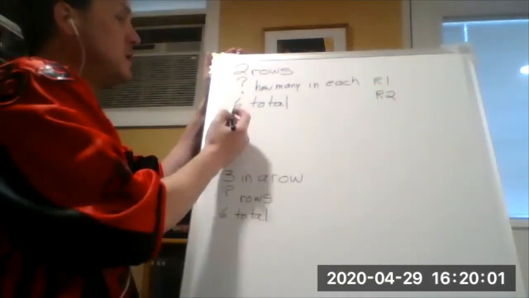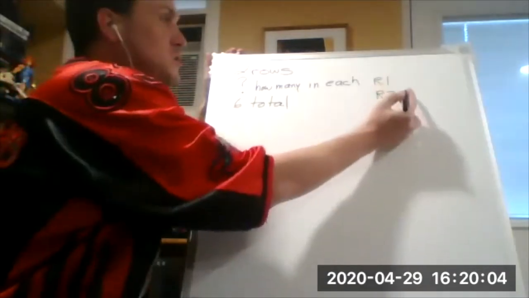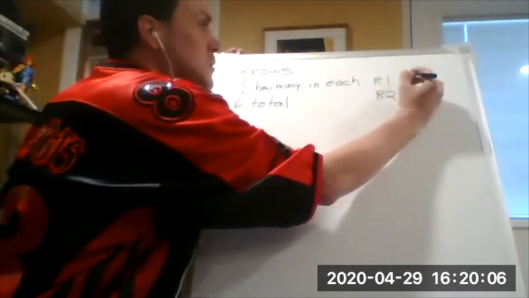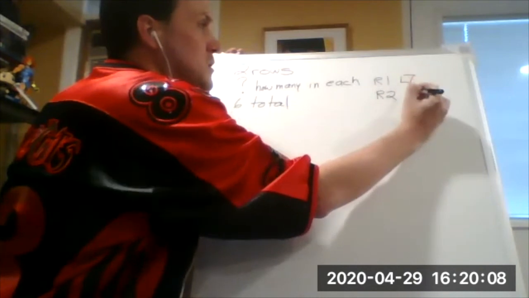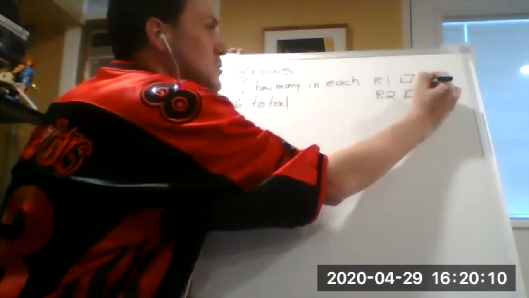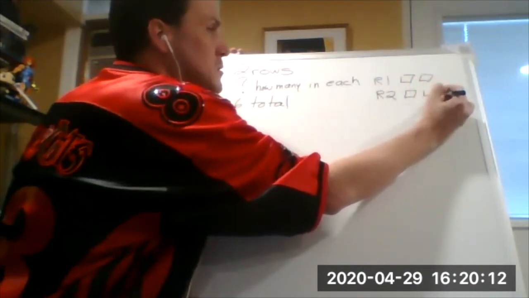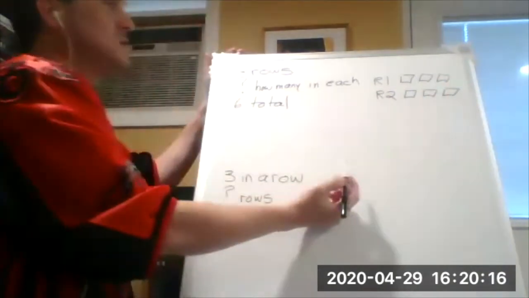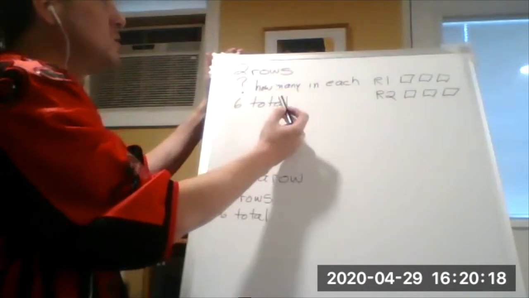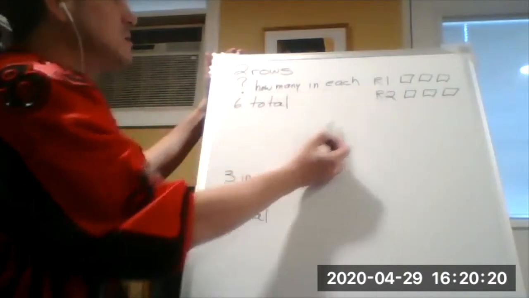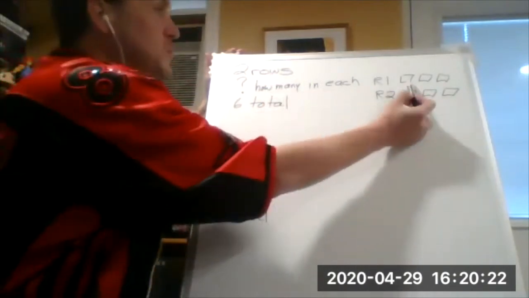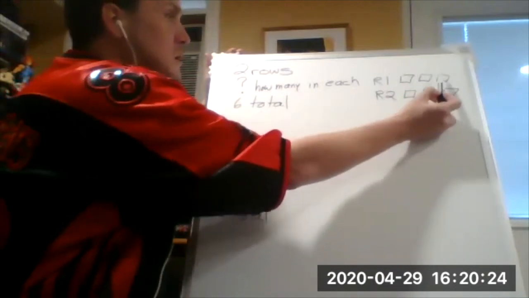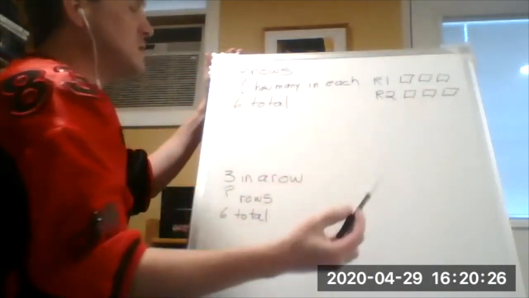And we're going to take our 6 students and put 1 student in each row till we get to 6. 1, 2, 3, 4, 5, 6. We made an array to show 2 rows, 6 students. We put 1 student in each row till we got to 6.